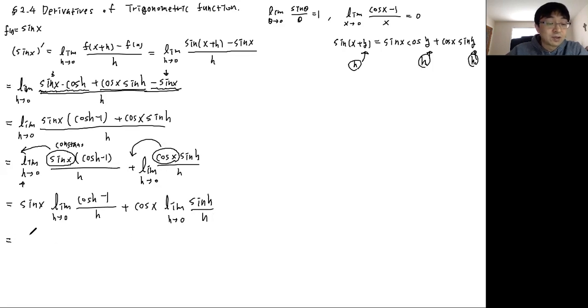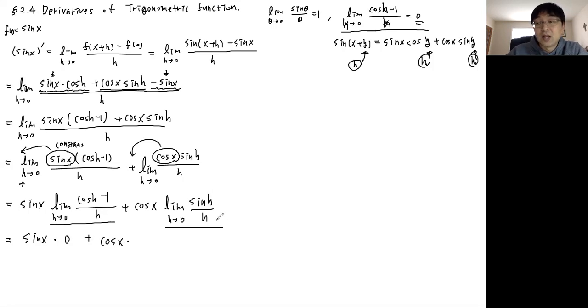So what happens? You keep sine of x. What is the limit of cosine h minus 1 over h as h approaches 0? We can use this formula, only replacing x by h. So this one is exactly 0, times 0. Plus cosine of x times the limit of sine of h over h as h approaches 0, same.